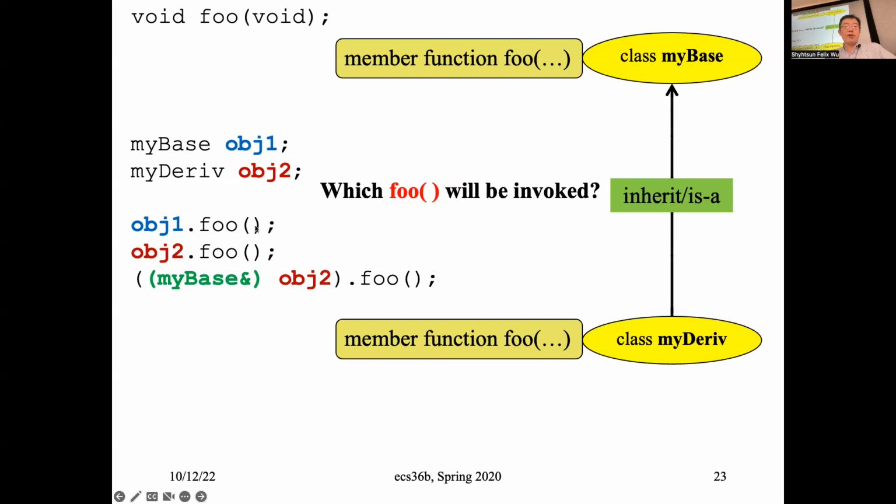So I hope the first 4 lines, you're okay with that, right? You understand the behavior. Depending on the type of that object, when I invoke the member function, it will execute correspondingly to whatever the implementation. Okay, so now I'm actually going to ask you this question.